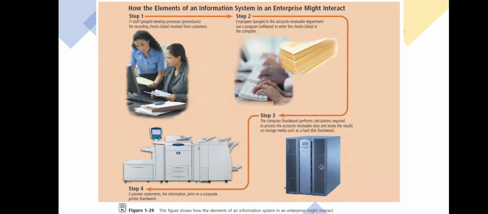Of course, they utilize the computer to do these procedures. Then the employees, again the people in the accounts receivable department, use a program to enter the checks, that is the data, in the computer.